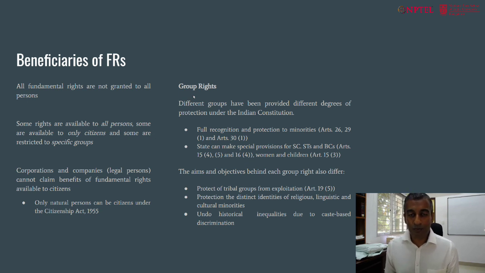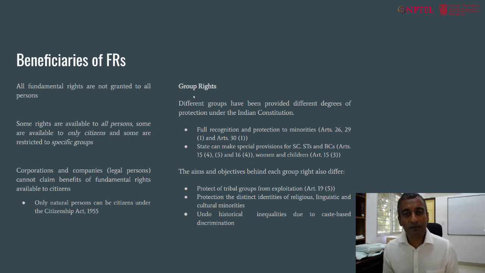There has also been, as I just discussed, protections for scheduled castes, scheduled tribes, and other backward classes, as well as women and children. In this case, the state can make special provisions to benefit them.